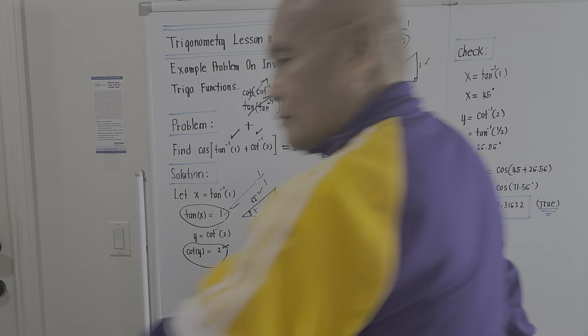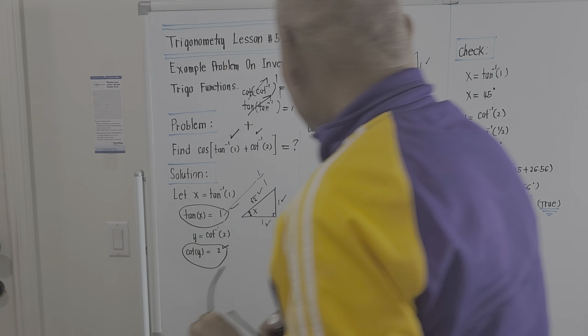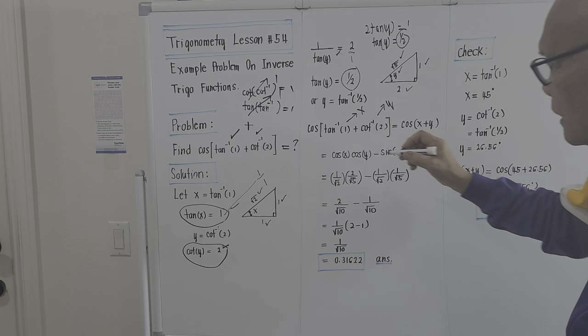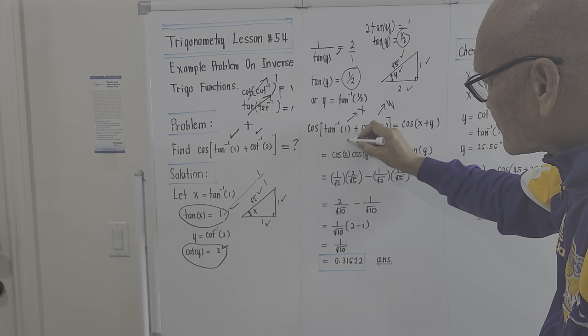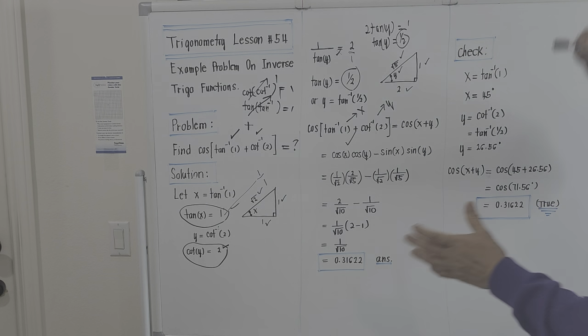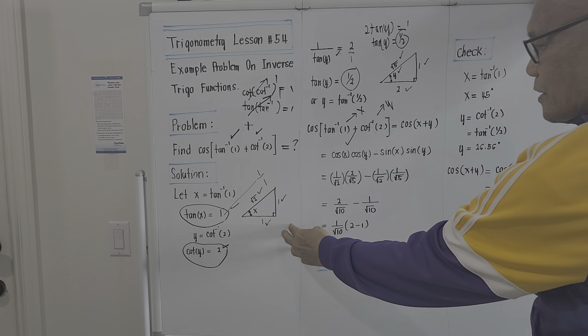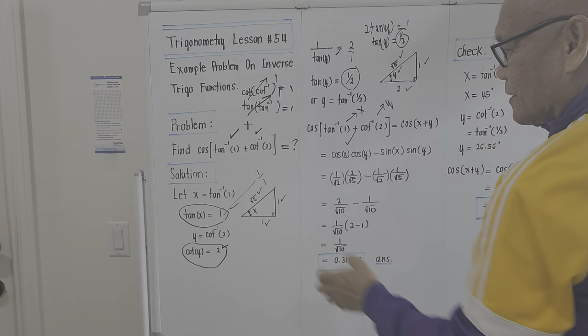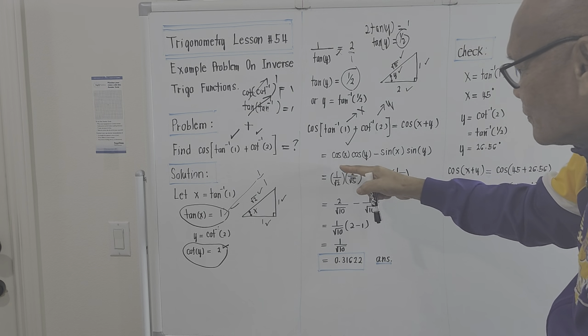I will try to use my eyeglasses now. This is very critical. We will now substitute values. We need the value of cosine of x. For cosine of x, we go back to the first right triangle. Cosine of x will be adjacent over hypotenuse, so this is 1 over square root of 2.